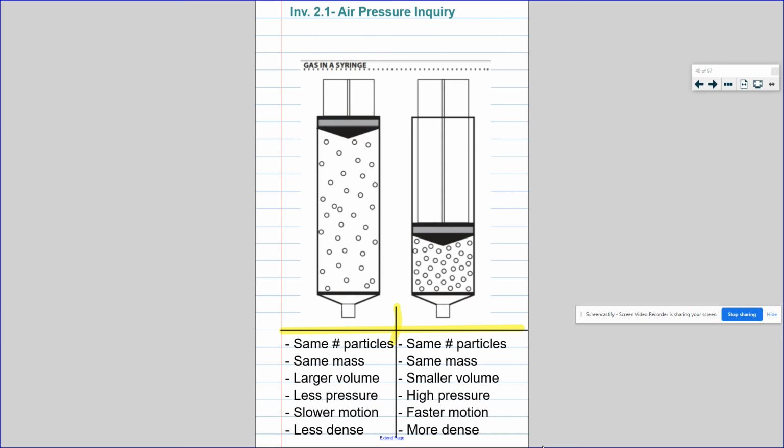So again, density is a measurement of how much mass, how much matter you have per unit volume. So if you have smaller volume but same mass, your density is going to be higher. All right, if you need to pause this to finish writing this down at all, you can do that.